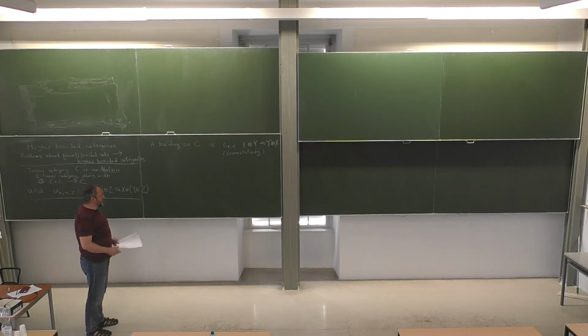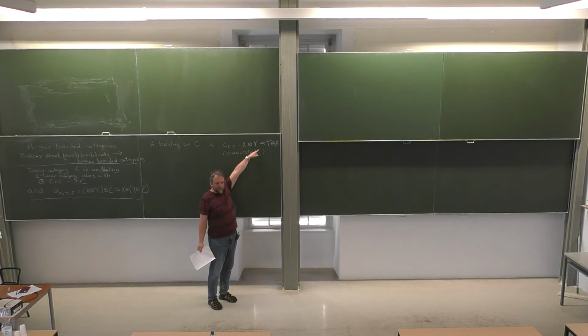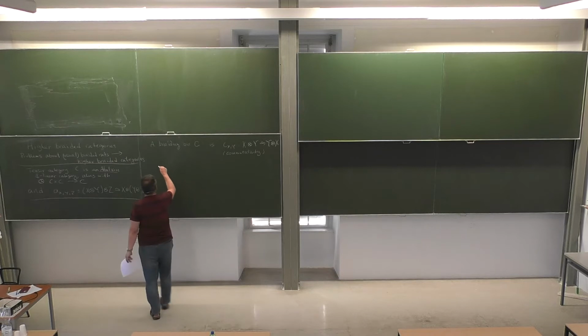It's very easy to explain what they are. If you permute an object with a pair, this can be done in two ways, right? You permute it with a pair at once, or you can permute it with each factor separately. Let me write this down.